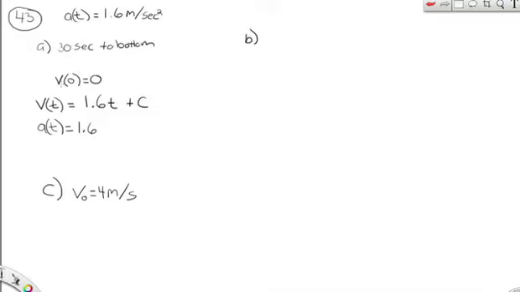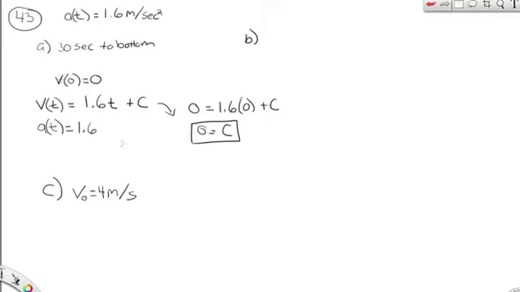Because when I first let go, there's no velocity. I didn't throw it down, I just let go. So now with this information of t is 0 and velocity is 0, I can solve for c. And so when I do that, kind of making a mess here, apologize. My velocity is 0, 1.6 times 0 plus c. In other words, for this problem, c equals 0.